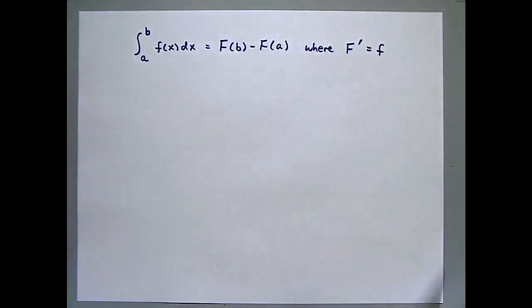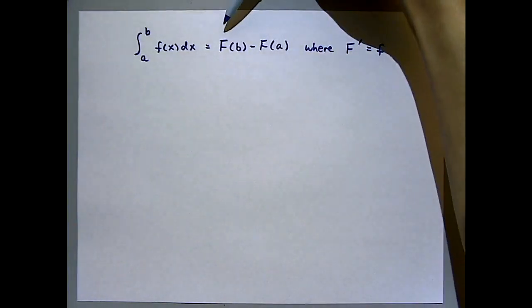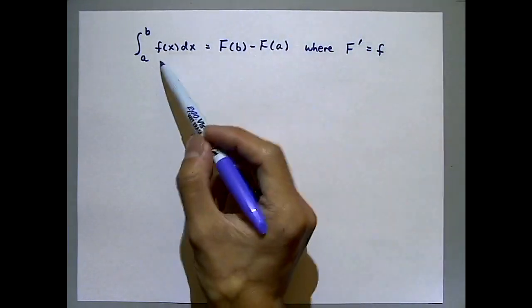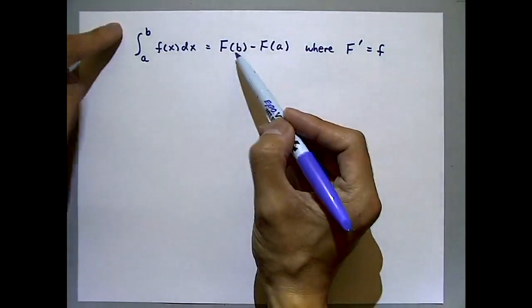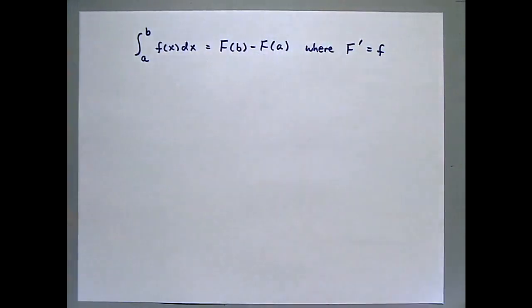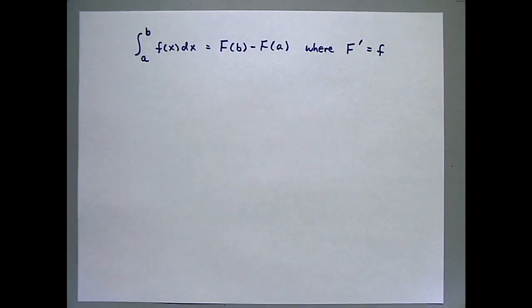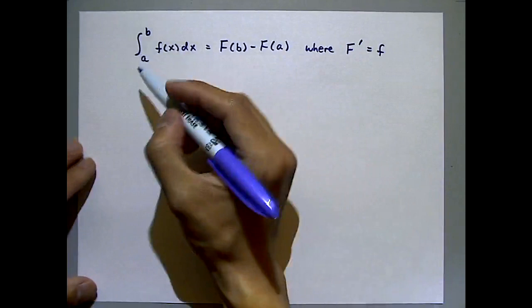When you integrate something from a to b, you get capital F, where capital F prime is the little f, at b minus f at a. What's this formula called? Do you remember? Fundamental theorem of calculus. Good. Yep.